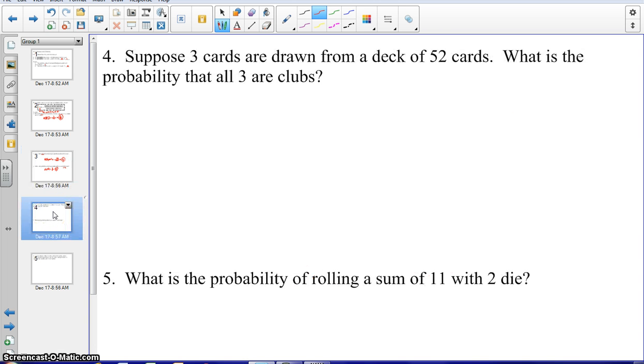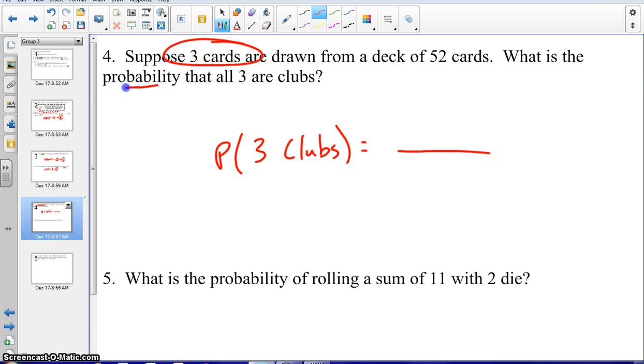On example number 4, suppose 3 cards are drawn from a deck of 52 cards. What is the probability that all 3 are clubs? Now this one is going to vary slightly from our previous example because we are drawing multiple cards. So when we are trying to draw 3 clubs, yes, we know we have 52 cards in our standard deck, but we need to draw 3 of those.